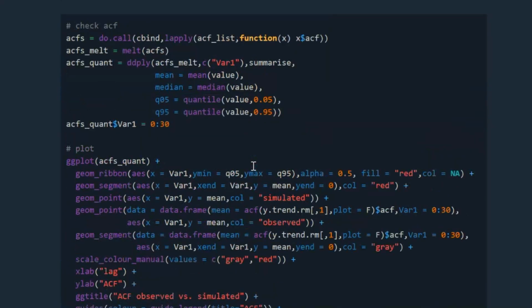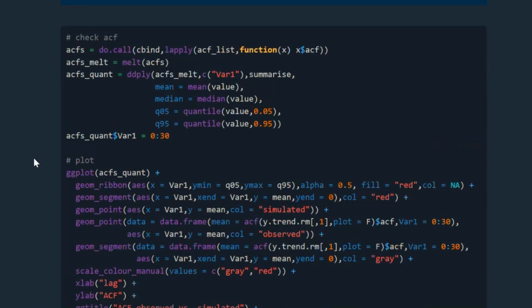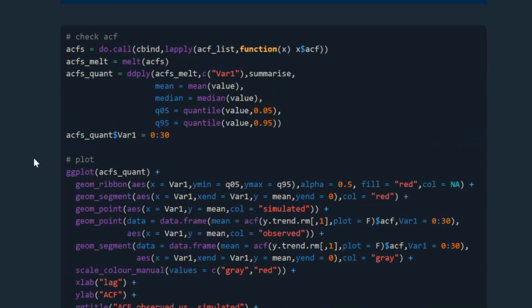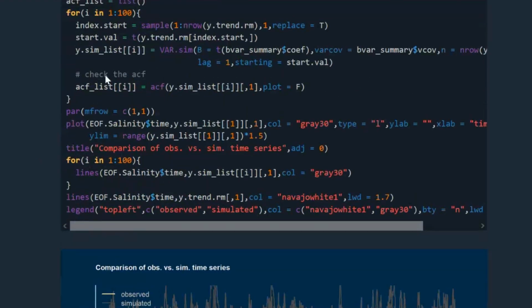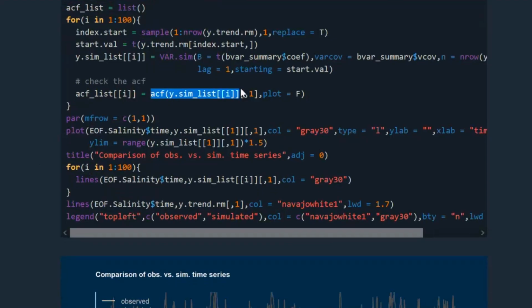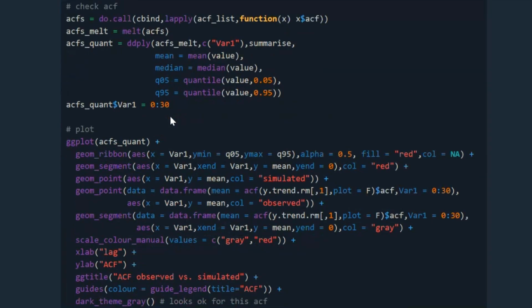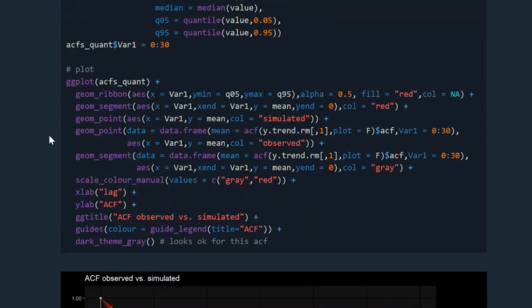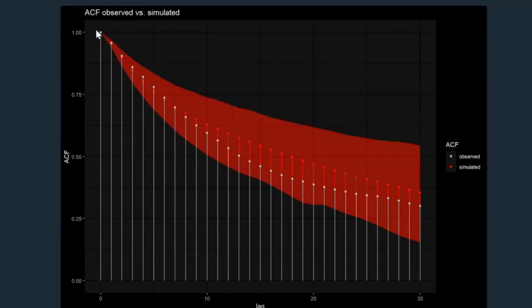And then we check the autocorrelation function. I think the autocorrelation function was already calculated here, but here we plotted and see how those overlap. And we see here, in gray, the observed autocorrelation function, and in red, the simulated autocorrelation function.